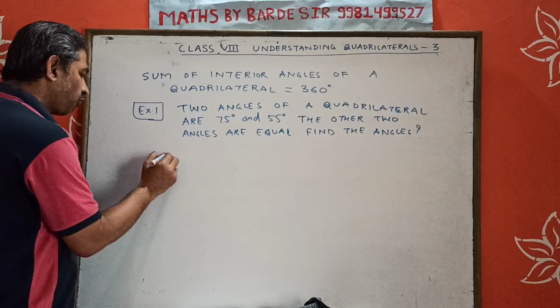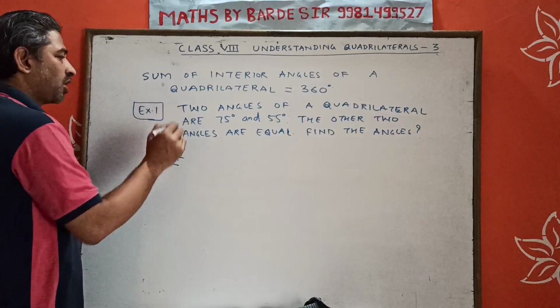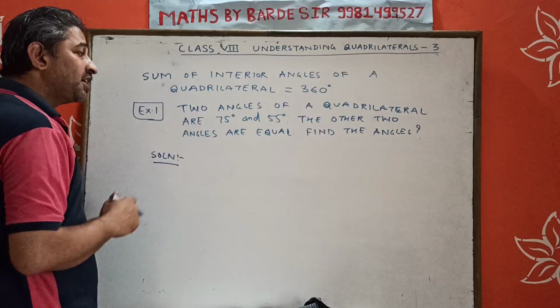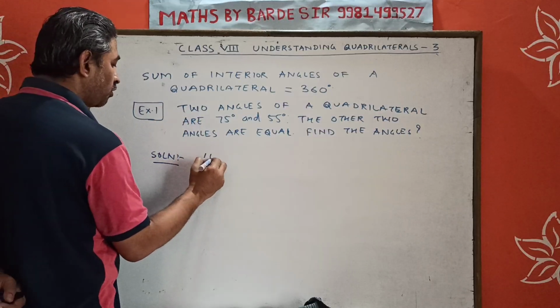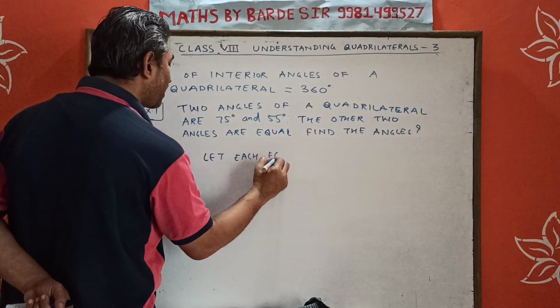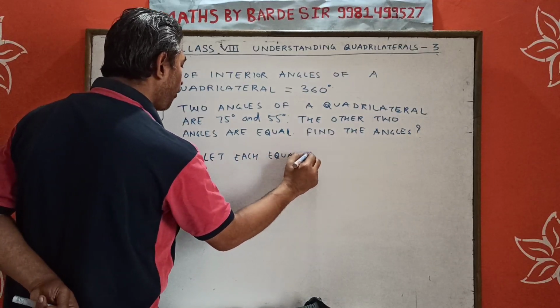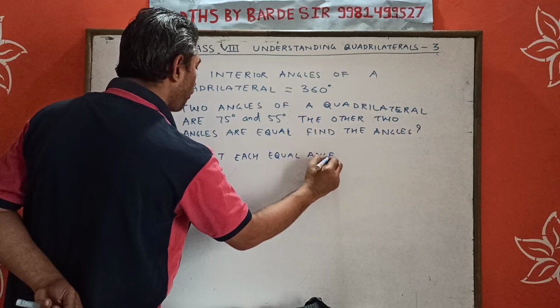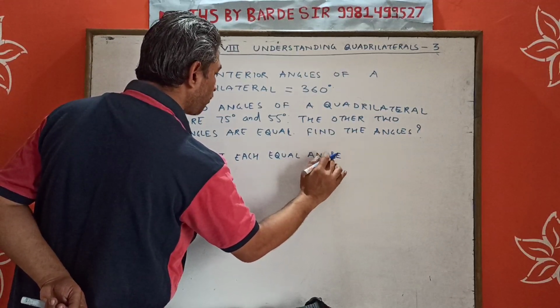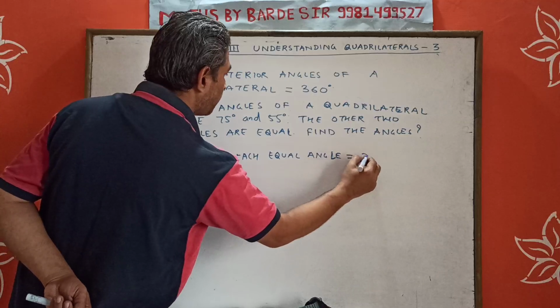See, 2 angles are already given as 75 degrees and 55 degrees. Other 2 angles are equal. Let each equal angle be x.